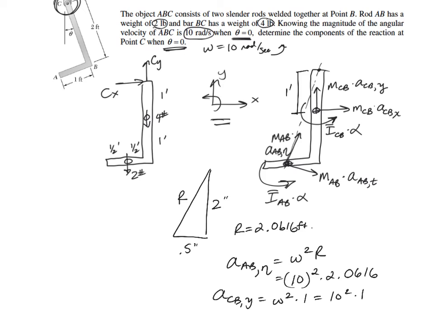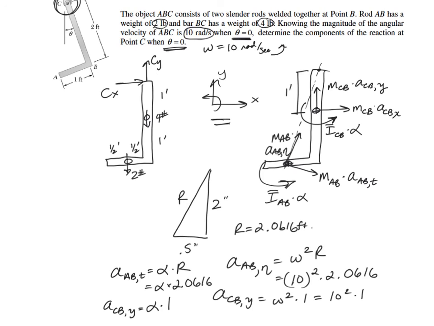And two more here. We know that the acceleration of AB in the tangential direction is going to be equal to alpha times r. So that's going to be alpha times 2.0616. And then acceleration CB in the y direction is going to be equal to alpha times 1.